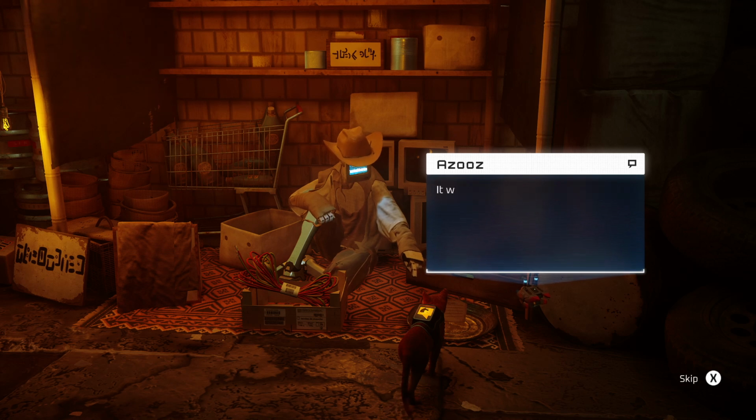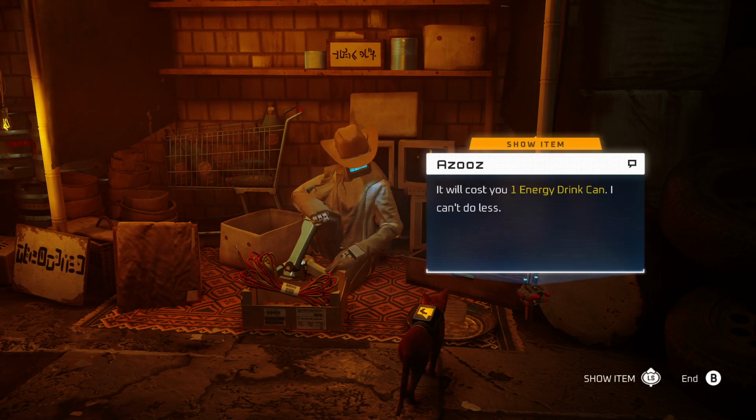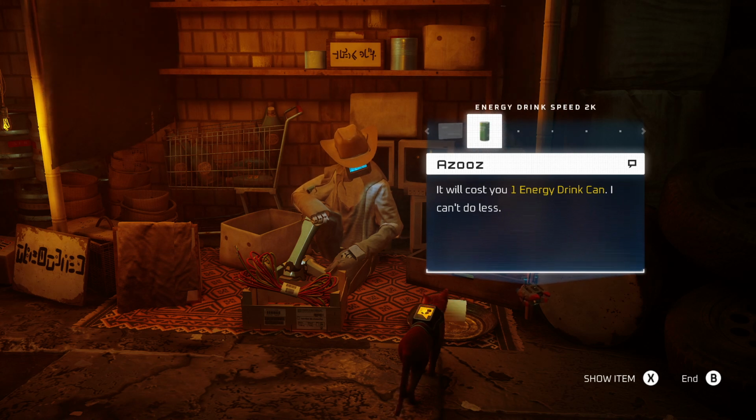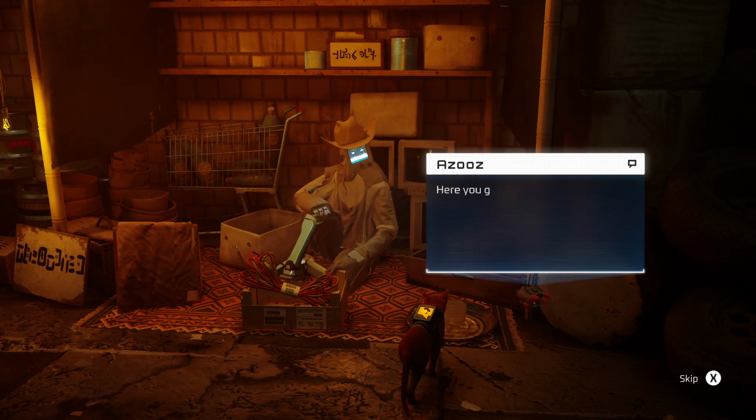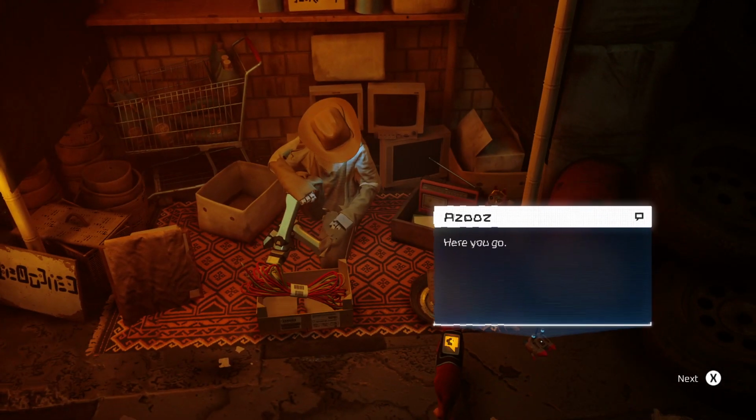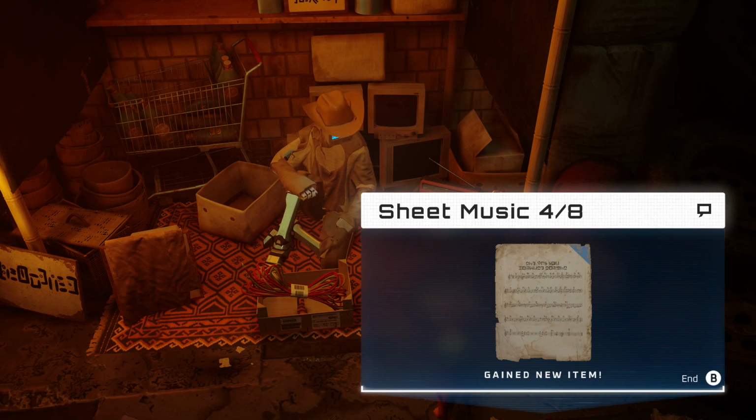Energy drink speed 2K. Alright. Four of 8 music sheets. Wow.